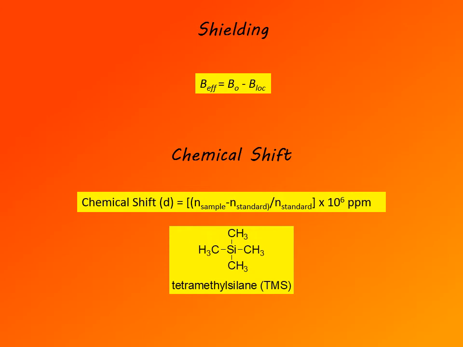In addition, it's relatively unreactive, so it won't react with any of the potential samples of the compounds we are studying. It has a very low boiling point, only 28 degrees Celsius, so it will evaporate very easily, and that means it can be easily removed from the sample after the spectrum is taken without contaminating that sample.